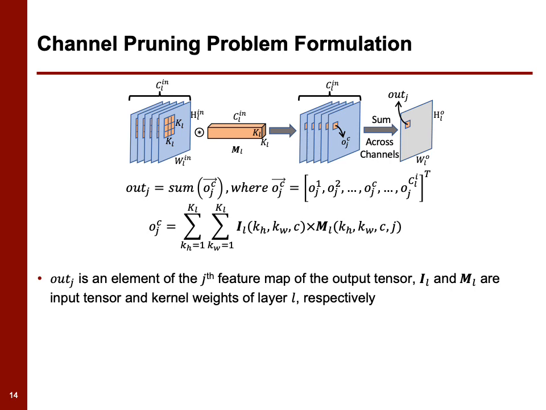Each intermediate O_JC element is generated by performing convolution operations between the C-th input feature map and the corresponding parameters of the J-th kernel. The entire process is expressed by these two equations.